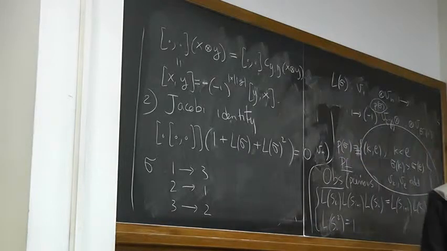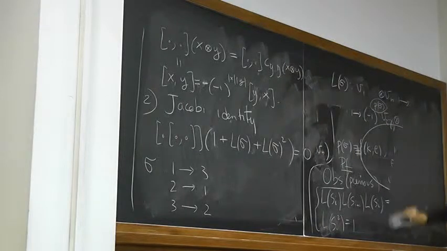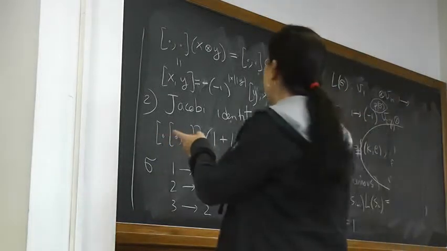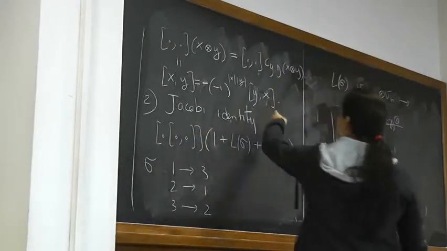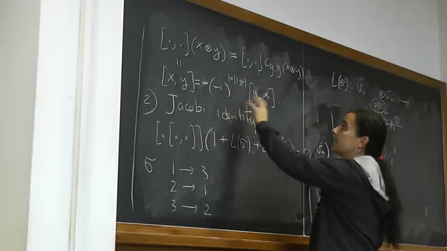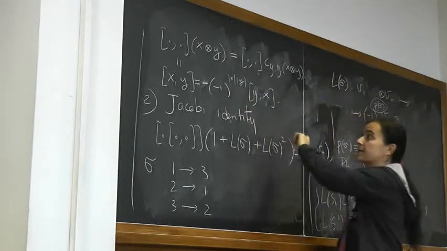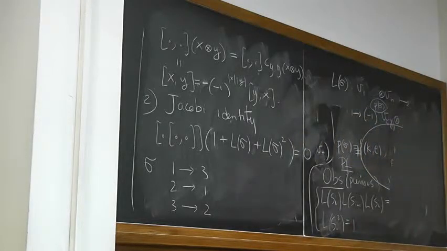Just out of curiosity, is the fact that we exclude characteristic 2 for this? Yes, of course. Characteristic 2 is for the anti-symmetry, because when the two things are odd, if the characteristic is 2, xy is equal to yx, so you get 2 times xy, you get 0. But we will see more later when we do the calculation, it will become 0.